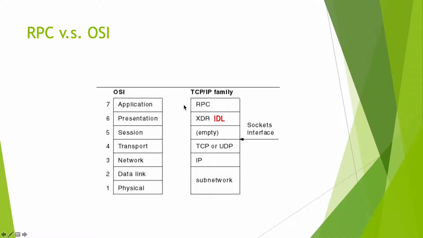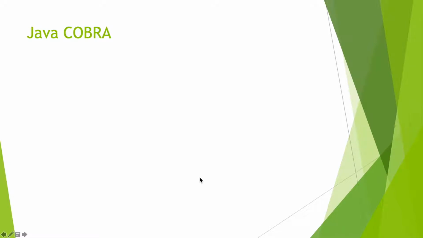And the actual RPC communication happens at the application layer. The client stub and server stub, including some of the network communication components in the operating system, cover all the work down below, all the way down to session, transport, network, data link, and physical. So this is what's going on.